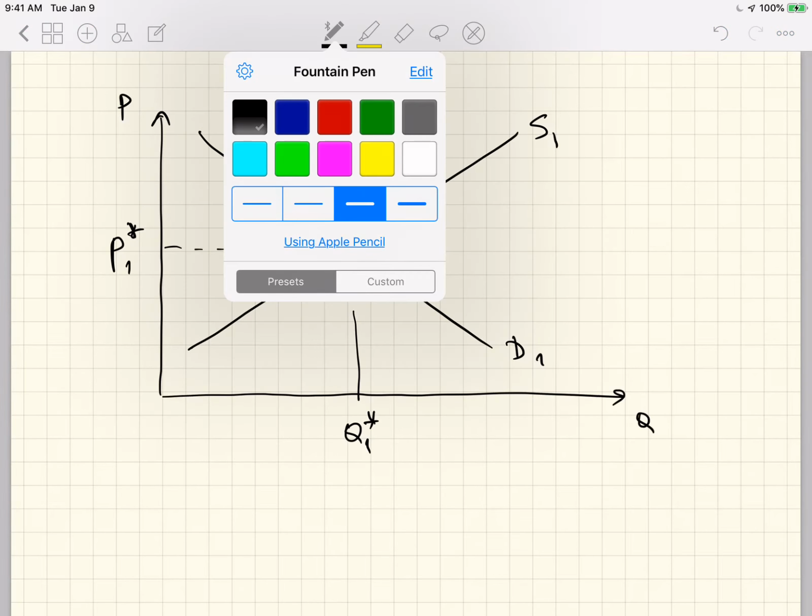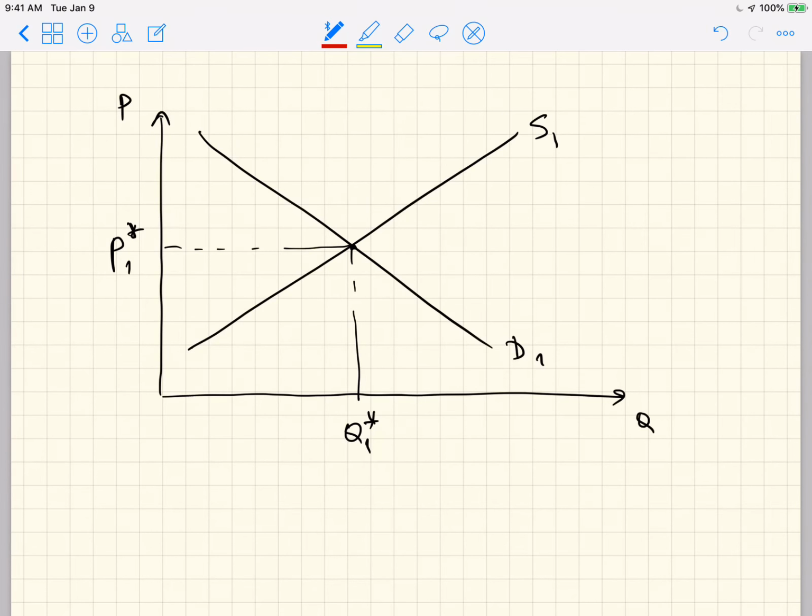So let's say we have, I don't know, a decrease in supply, right? If I'm drawing this shift, then it means we have a decrease in supply. So decrease goes up and to the left, and demand, well, let's say demand increases. So demand goes up or increases.